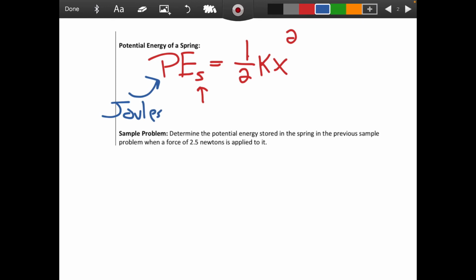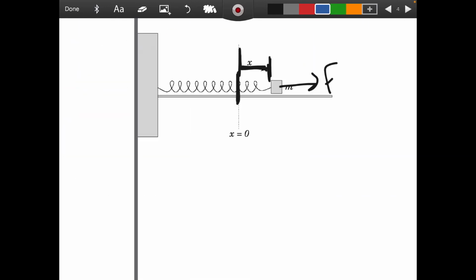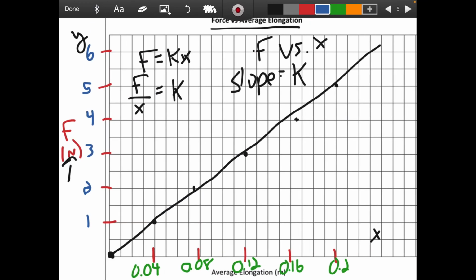So in order to do that, we need to go back to this problem and we need to find the slope of this line. So I'm going to go ahead and do that. Looks like this point's on the line and this point's on the line. So however you're comfortable doing it, you can do rise over run if you'd like to do it that way.